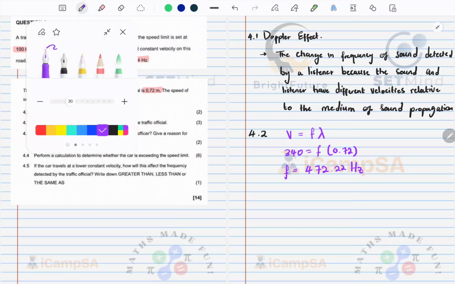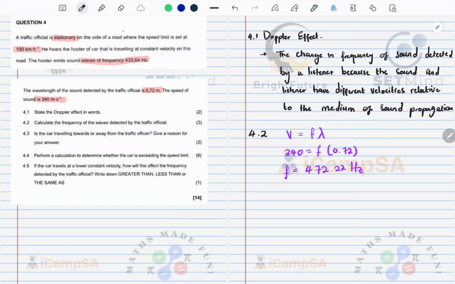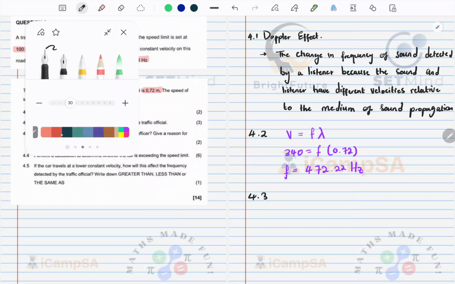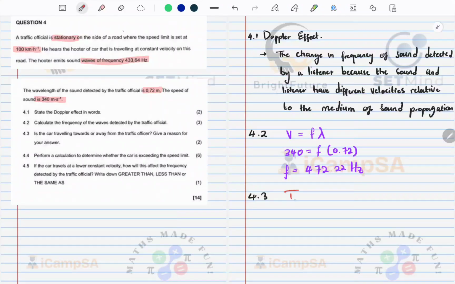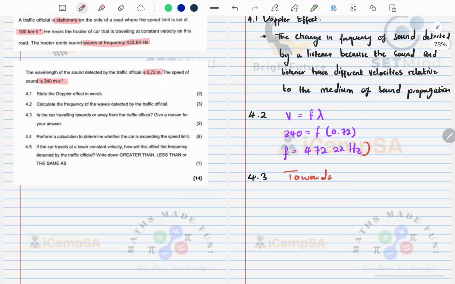So this has just been answered by what I was saying right now. 4.3. So what's going to happen here is that the car is moving towards the officer. And why is that? It's because the officer is detecting a higher frequency compared to what this hooter is emitting. That is your reasoning here.